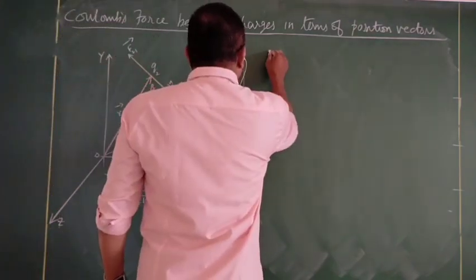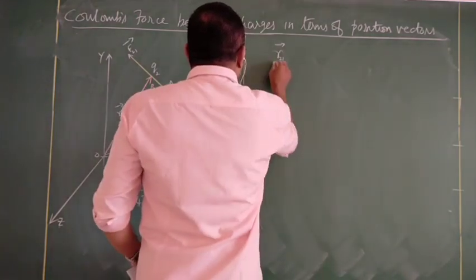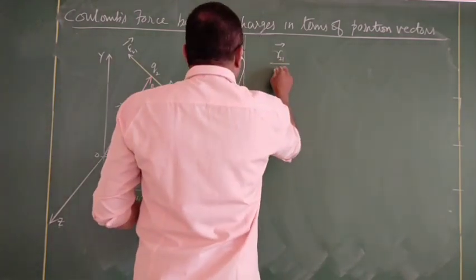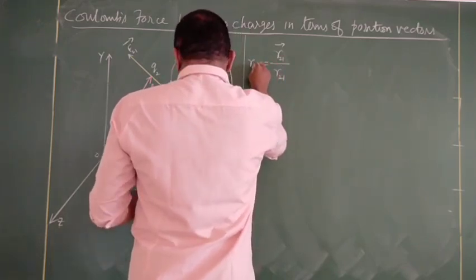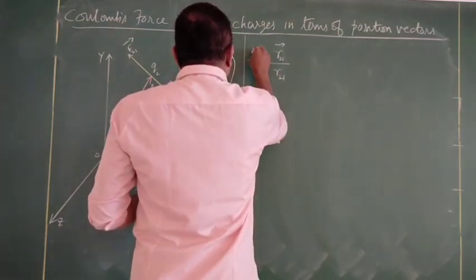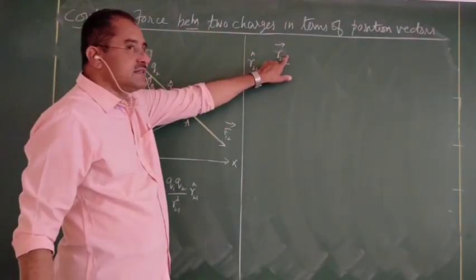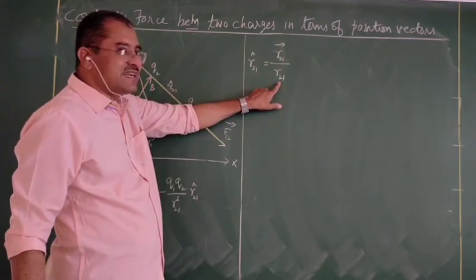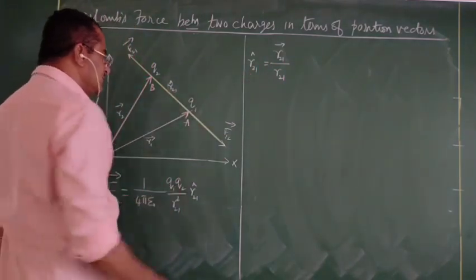See, R21 is a vector. I am dividing it by its magnitude, R21, and therefore I get a unit vector, R21 unit vector. Please understand, a vector divided by its magnitude gives you a unit vector.